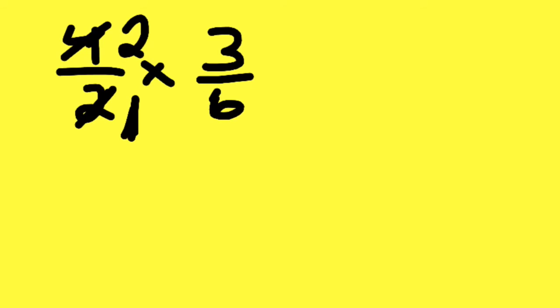Now you get 2 over 1 times 3 over 6, but you can actually cancel more things. What you can cancel is 2 and 6, because they're both related to the number 2. So you get 2 divided by 2, which is 1, and 6 divided by 2, which is 3.